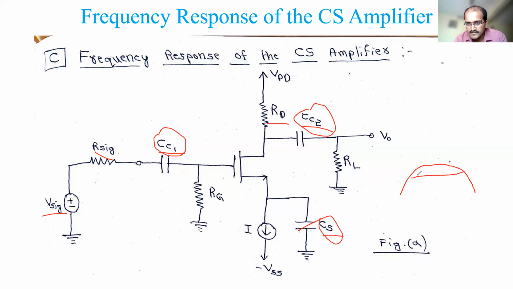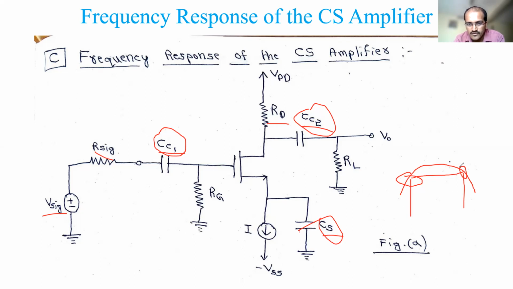This is the lower frequency side and this is the higher cutoff frequency. In the next sessions we will have low frequency response and high frequency response. The low frequency response, this rise here, is due to these capacitances, whereas the higher cutoff frequency is due to the MOSFET internal capacitances we discussed previously. Majorly the gate to source and gate to drain capacitances play the major role, which we will discuss in high frequency response.